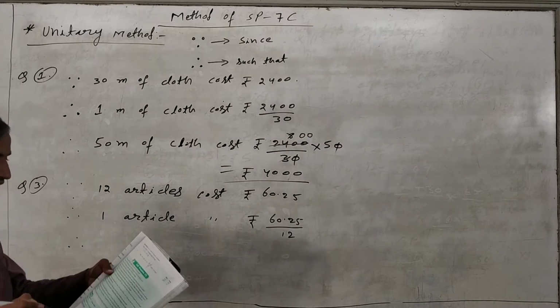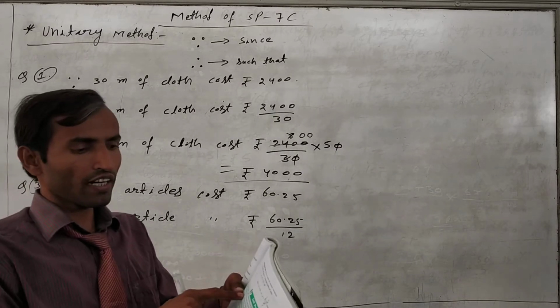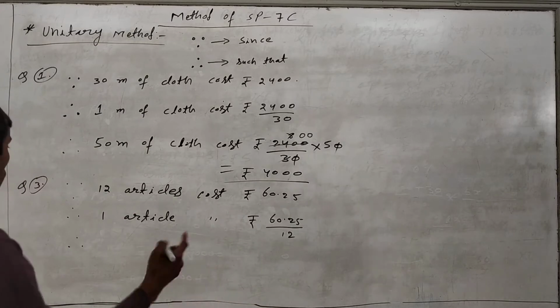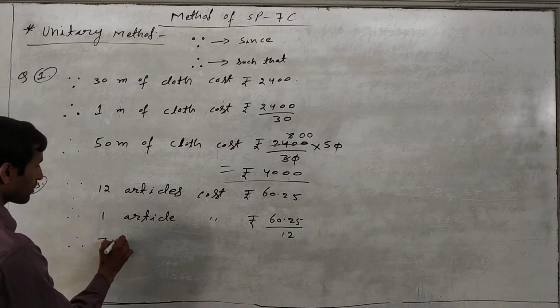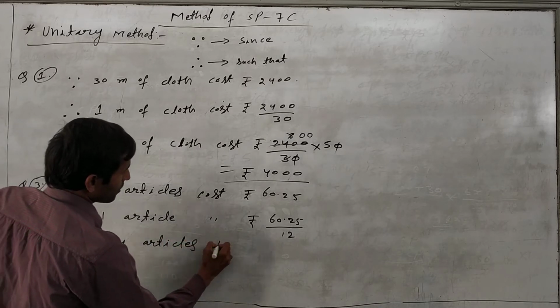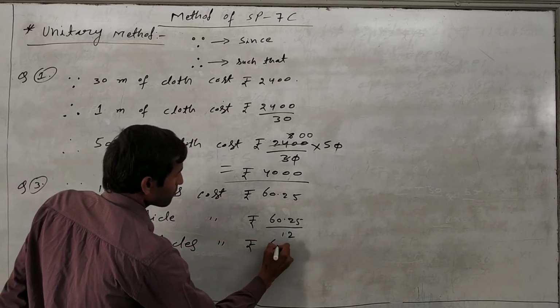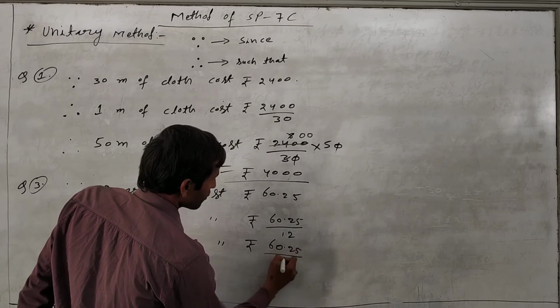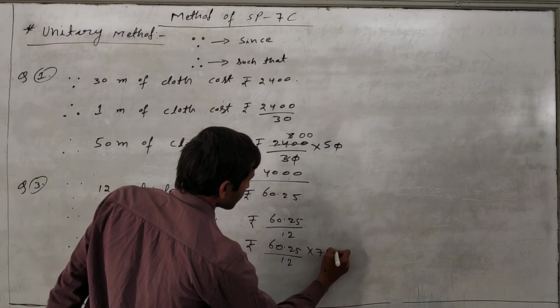Now we have to find for 744 articles, so again we have to multiply here. So just write down here: 744 articles cost is equal to rupees 60.25 divided by 12 into 744.